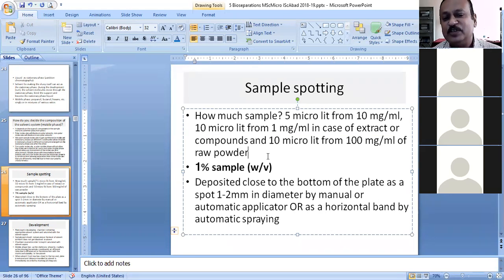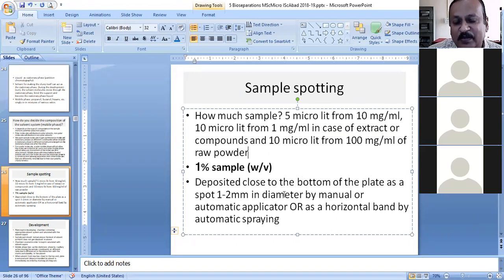So 1% actually means, say, 1 milligram per ml. Is it okay? 1 milligram per ml. Or it could also be 1 microgram per ml. It also depends upon the sensitivity of your method, how sensitively your method is going to detect the sample components on the stationary phase.